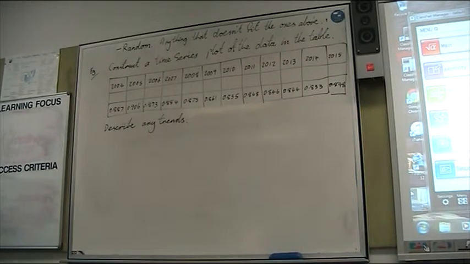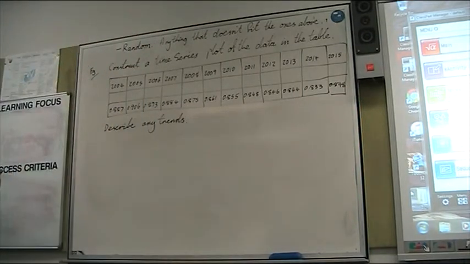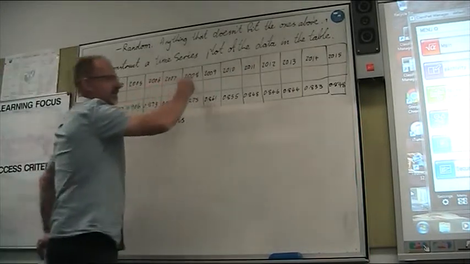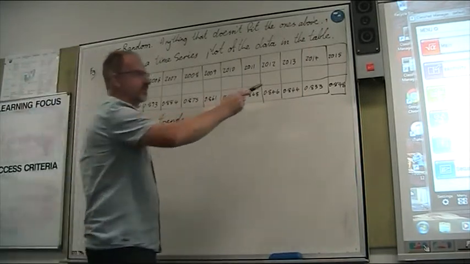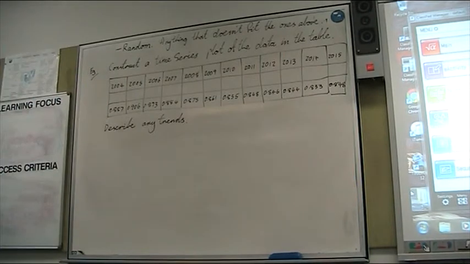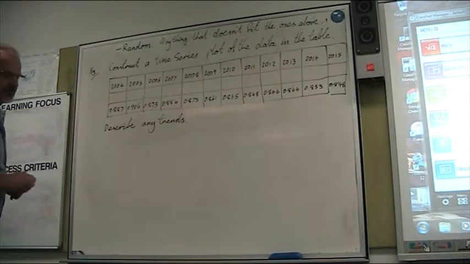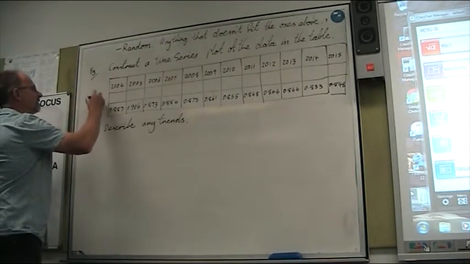One of the things that's often done, because here we've got years and the numbers are quite big, going from 2004 to 2015, is this: yes, you can get your calculator to do it, but you've got to fiddle around with your scales and that sort of thing. So the common thing that we do is use the year number.